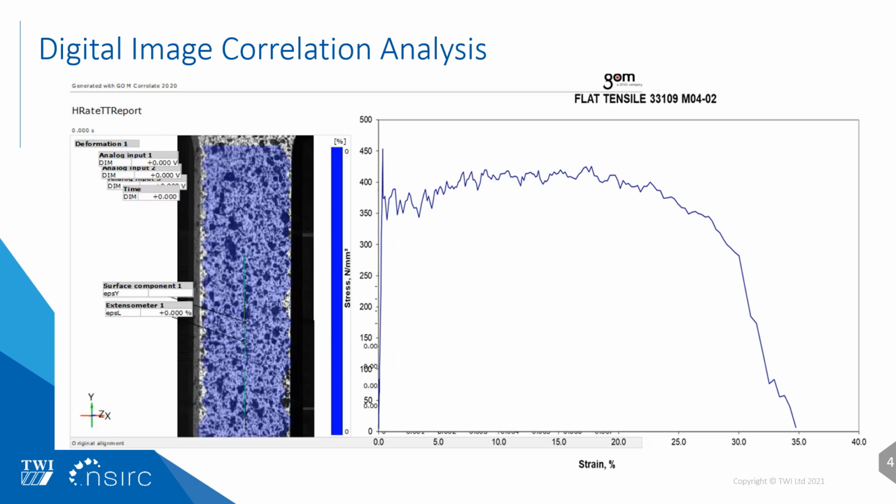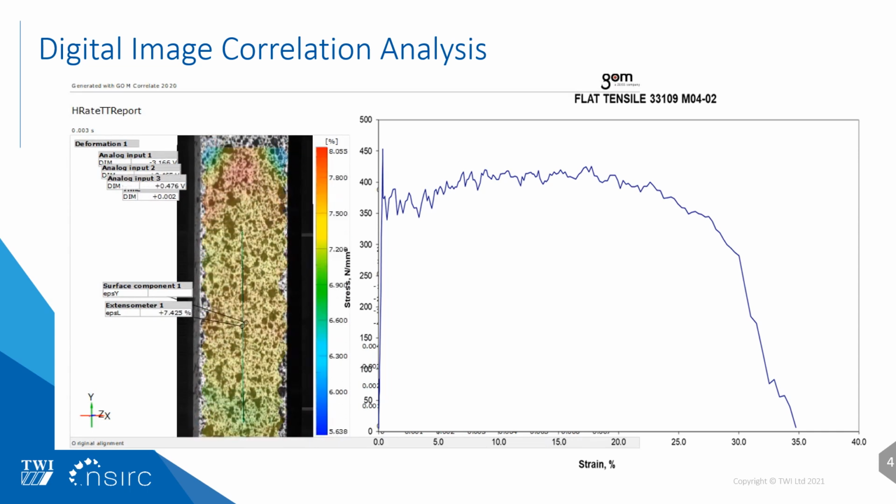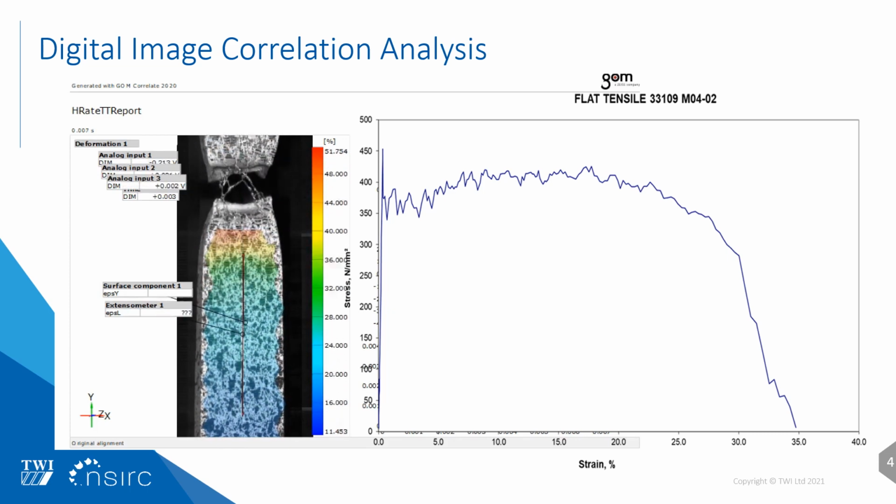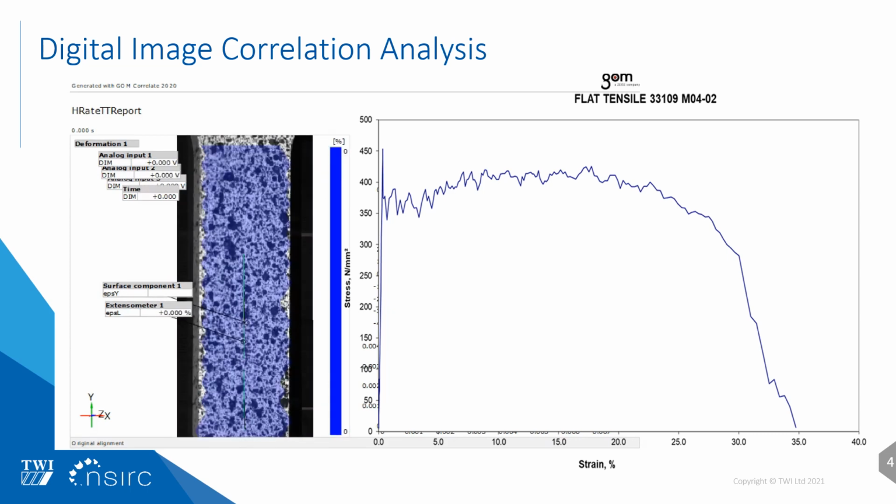As you can see in this video, the material starts and goes up to fracture. The material propagated and then fractured, and here we see the curve which we obtained using the data points from the GeoM machine, and then the applied force.